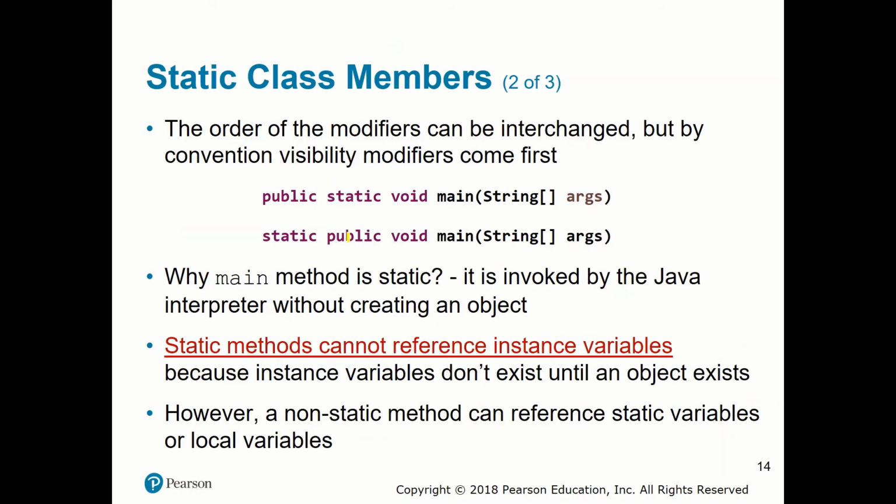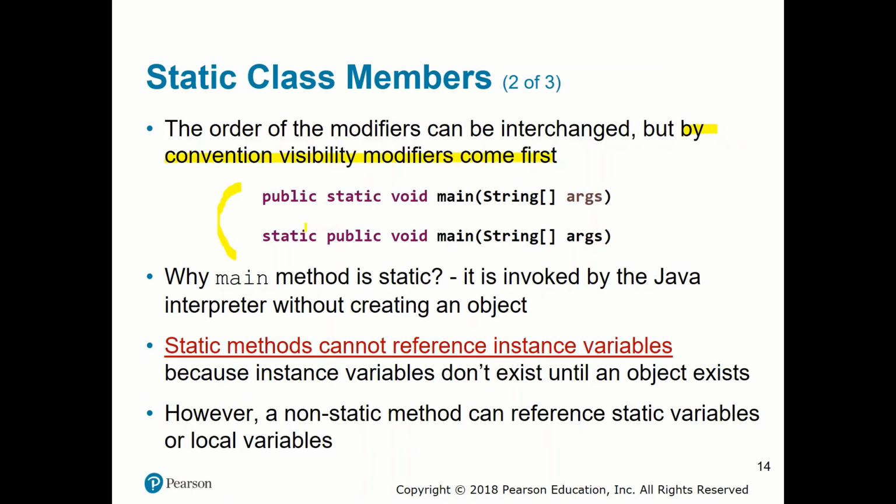And I will talk about main method. Up to now I didn't explain why main method should be static. Now I will explain that. At first, for main method you can write both public static void main or static public void main. But I told you before, by convention, visibility modifiers come first.